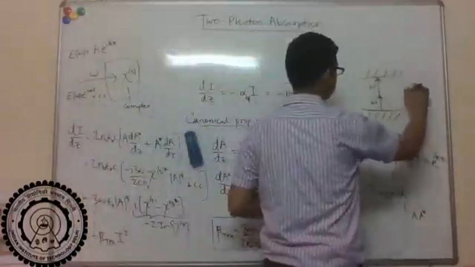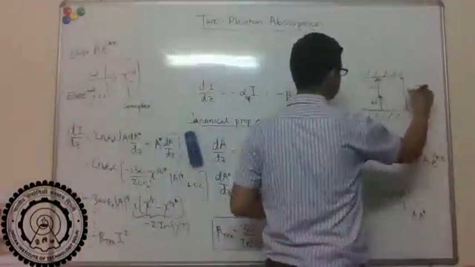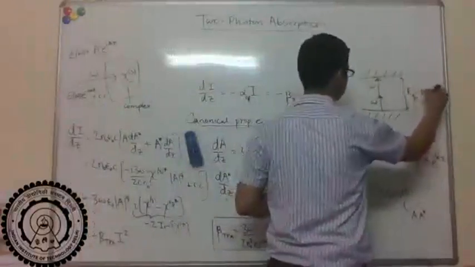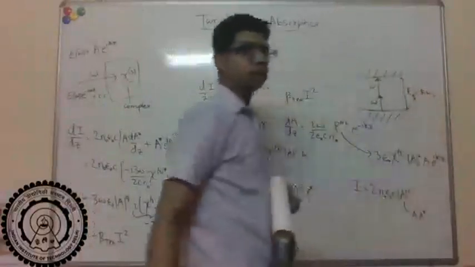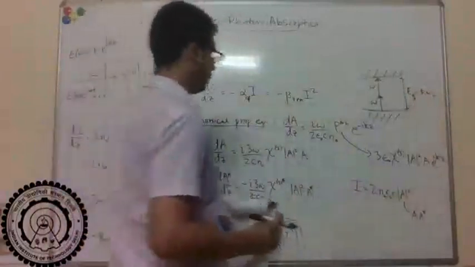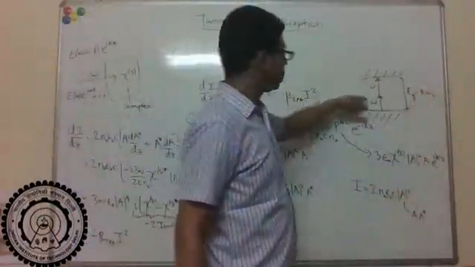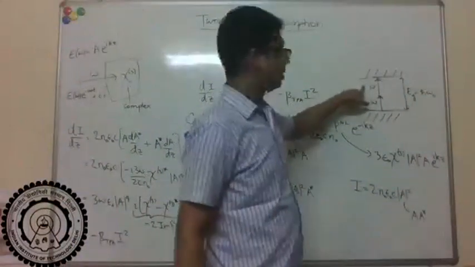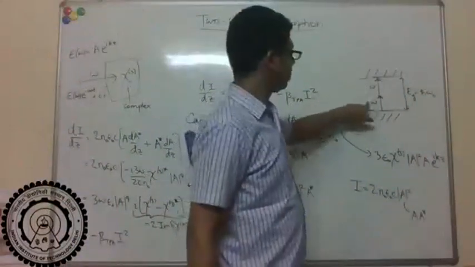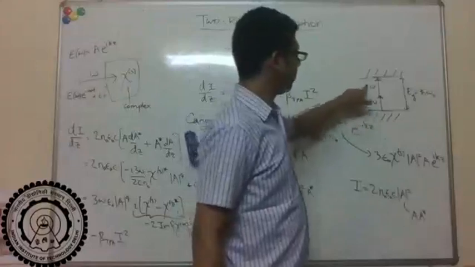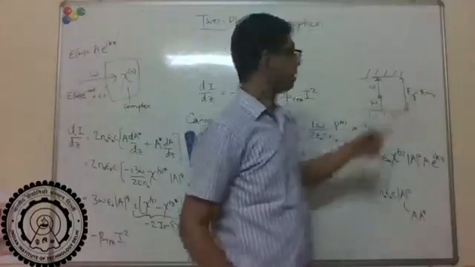so if omega naught, like there is some band gap, let's say, which corresponds to some resonance frequency omega naught, then just from this level diagram you can see that two-photon absorption can only occur if 2 times h cross omega is more than Eg, right?